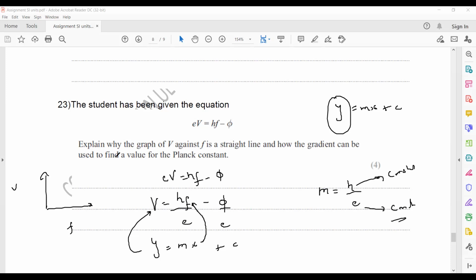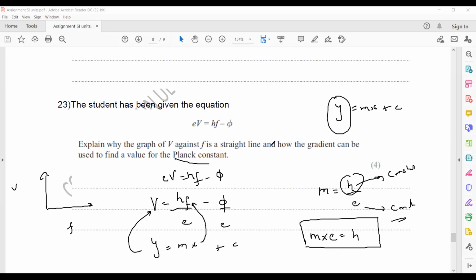And show how the gradient can be used to find Planck's constant. How can we use the gradient to find it, where h is known as Planck's constant? If we need h, the gradient multiplied by e will give us Planck's constant.